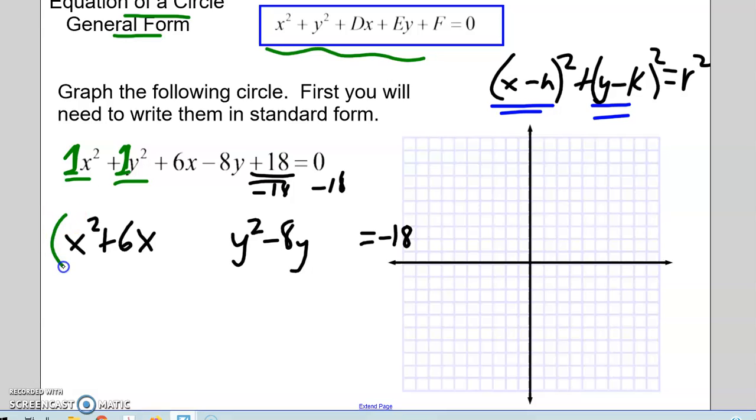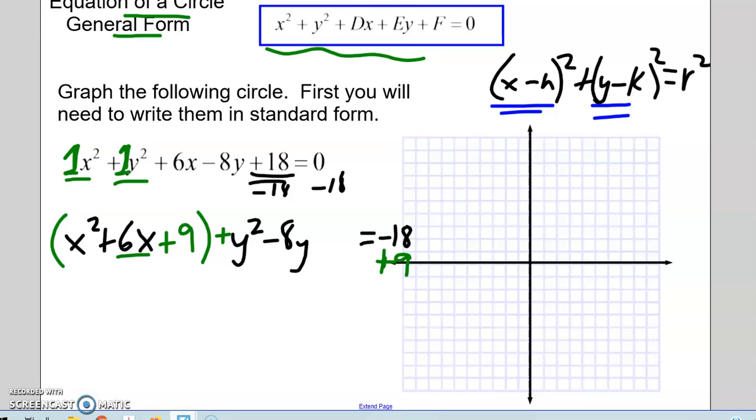So to complete this square, then, we need to add something here. And what I would add is something to complete the square. So we take half of this and square it. So half of that is 3, and to square it, that's plus 9. Now I added 9 to this side of the equation, so I've got to add 9 to the other side as well. Okay, now let's complete the square with the y's.